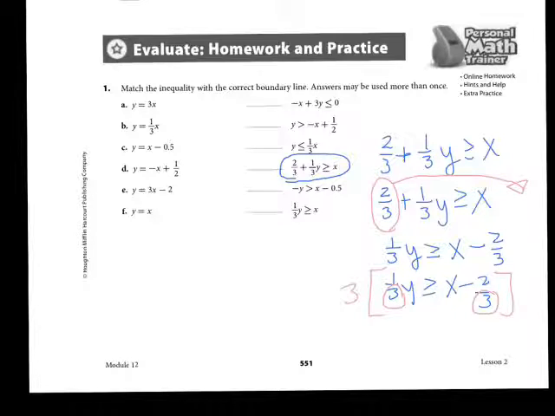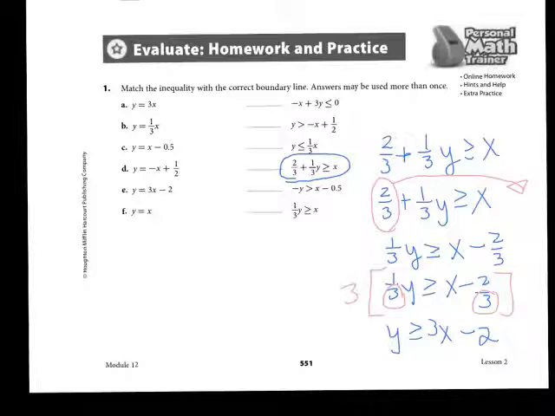I get y. For our first one, the greater than or equal stays. Now 3 times x is 3x. And 3 times 2 is 6, and 6 divided by 3 is 2. So I'm going to have a minus 2.